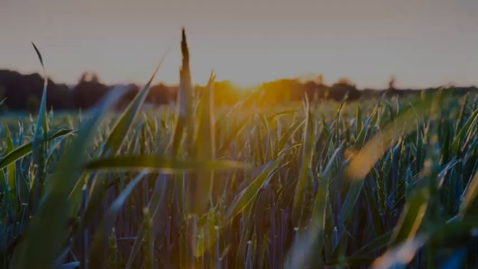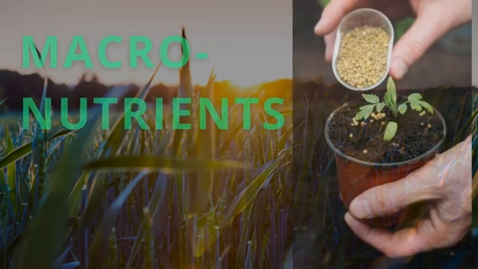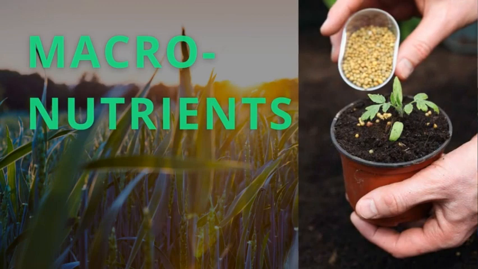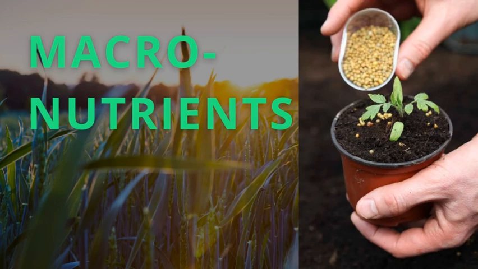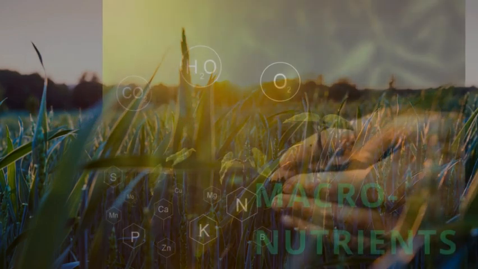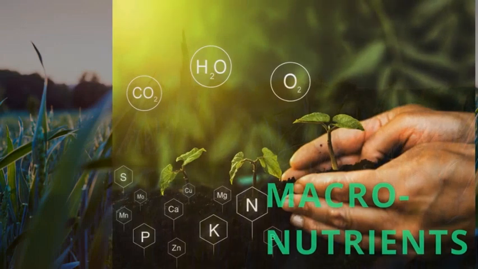There are also other macronutrients, like I said earlier, carbon, hydrogen, and oxygen, which are usually absorbed from the atmosphere, either in the form of air or in the form of water vapor.